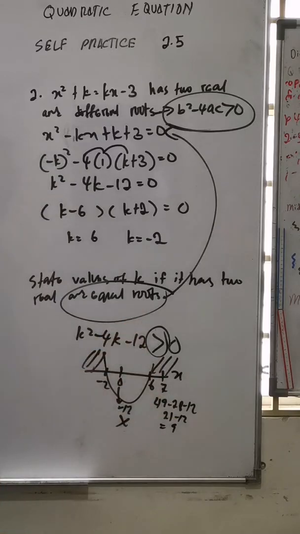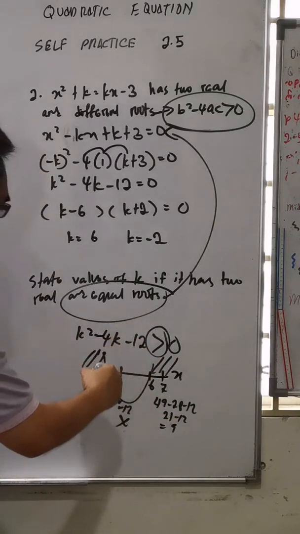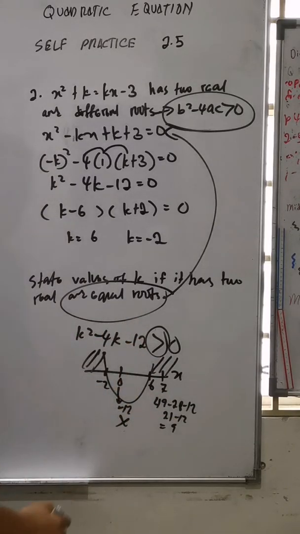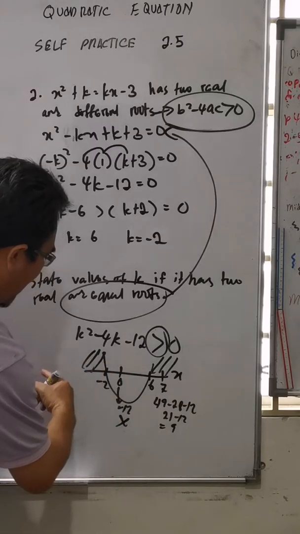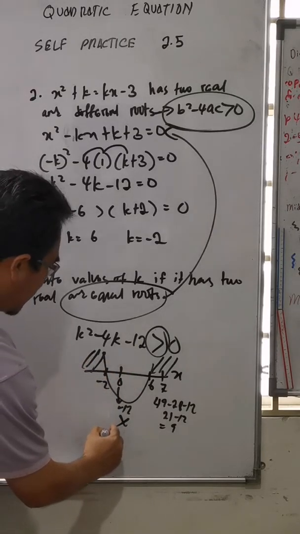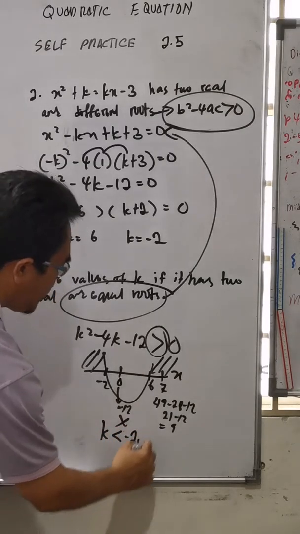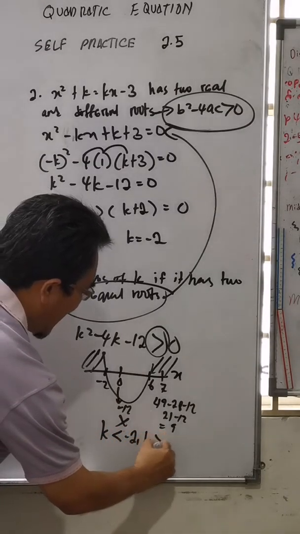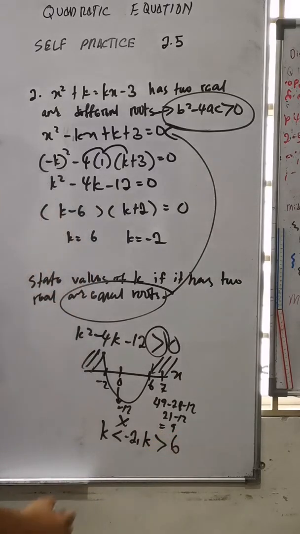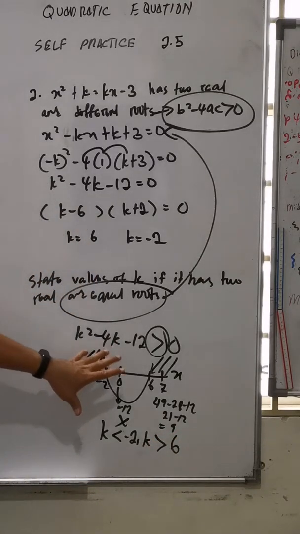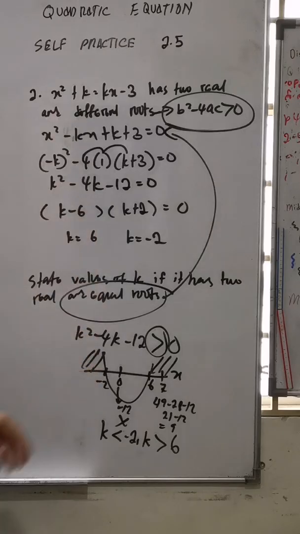Is it larger than 0? Yes. So the value here would be outside. Outside means less than negative 2 or larger than 6. So we say k less than negative 2 or k larger than 6. So this part goes up, this part goes down.